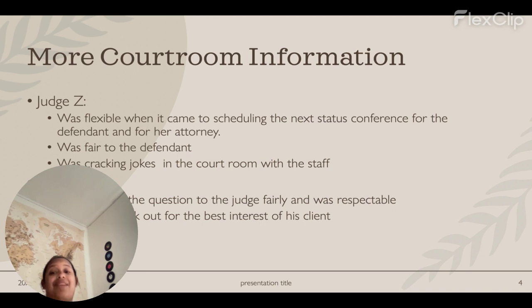Her attorney answered all the questions to the judge fairly, was very respectable, and seemed to look out for the best interest of his client and what she needed.